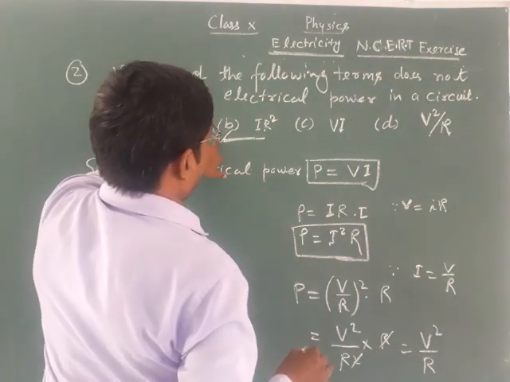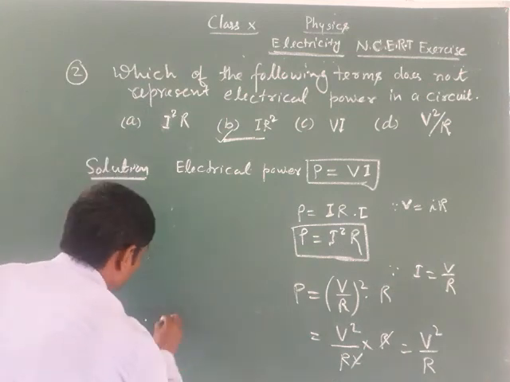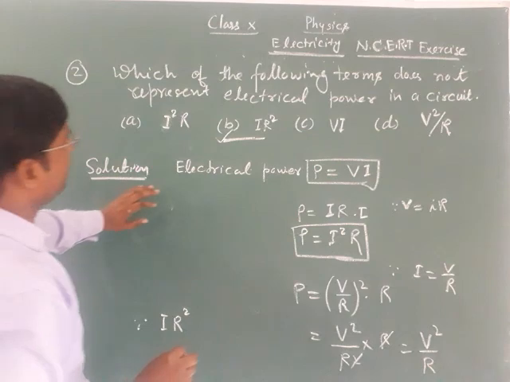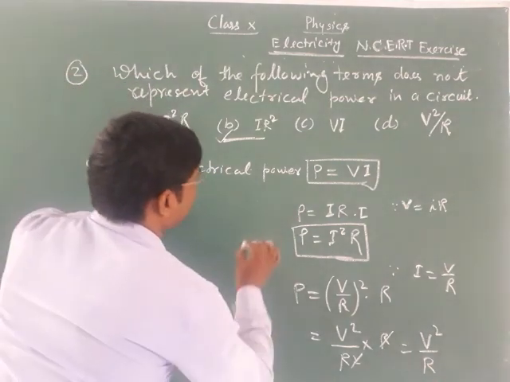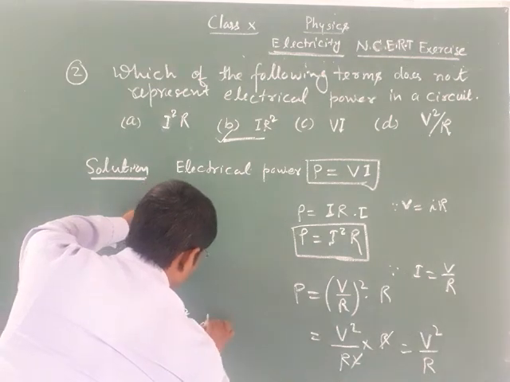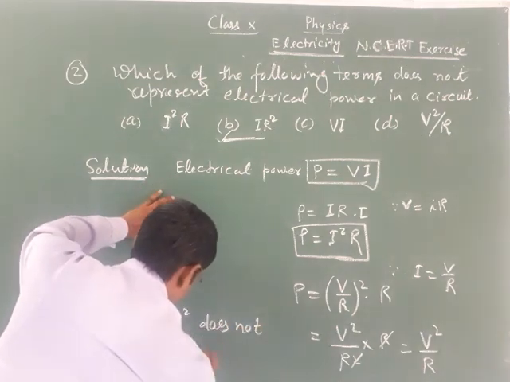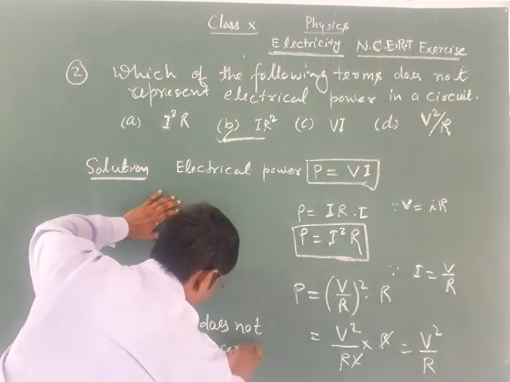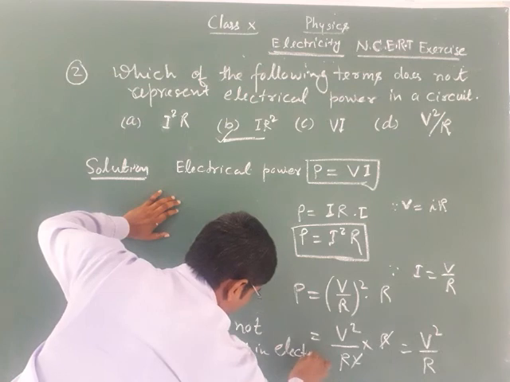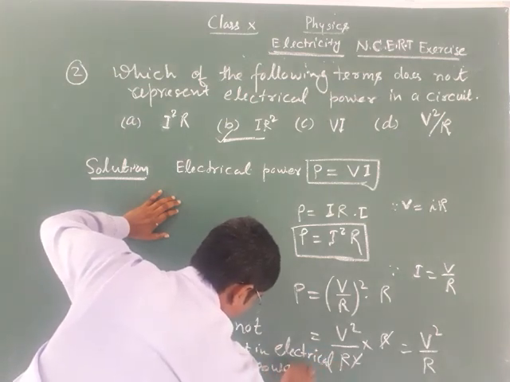Therefore, I R square does not represent electrical power.